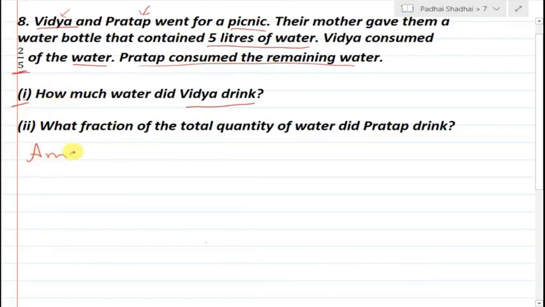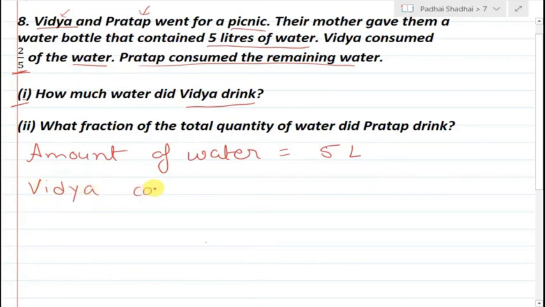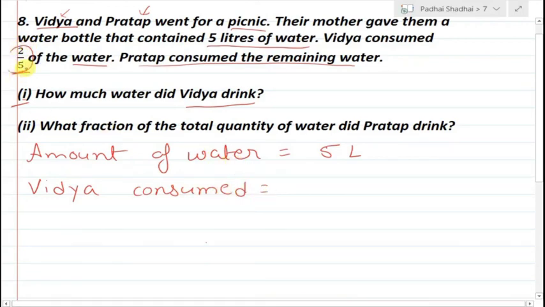So number 1 answer, amount of water. Total water is 5 liters. Vidya consumed 2 by 5 part of the total water. So 2 by 5 of 5 liters.